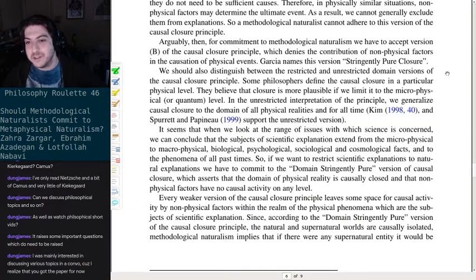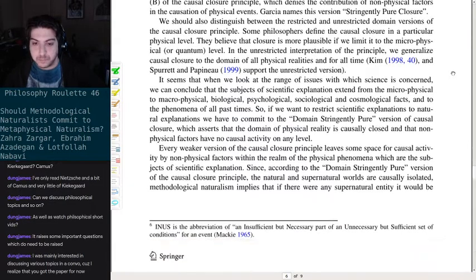We should distinguish between the restricted and unrestricted domain versions of the causal closure principle. Some philosophers define causal closure on a particular physical level. They believe that causal closure is more plausible if we limit it to the microphysical or quantum level. In the unrestricted interpretation of the principle, we generalize causal closure to the domain of all physical realities and for all time.